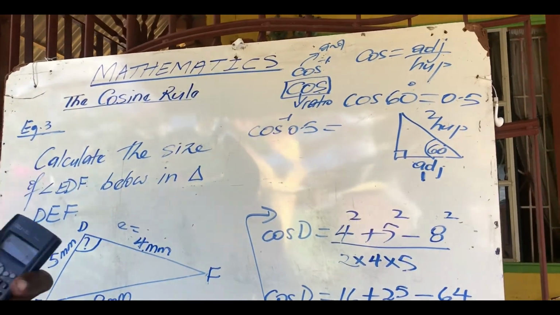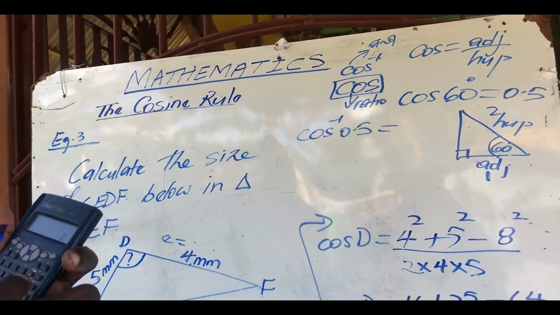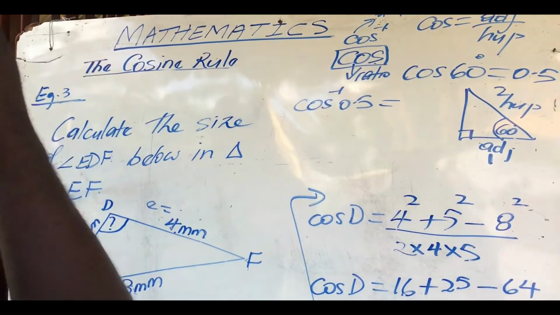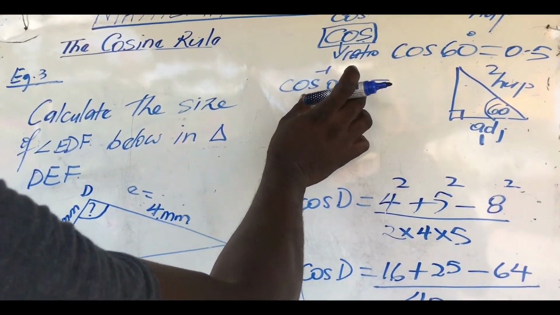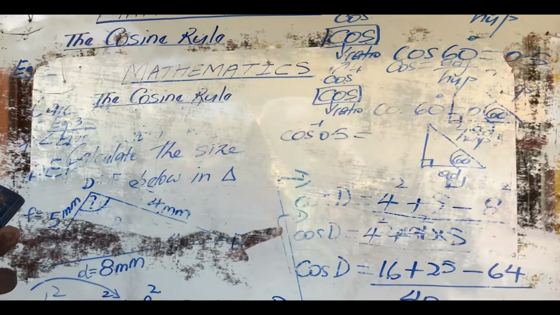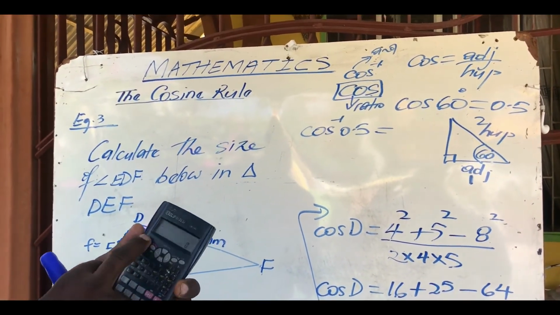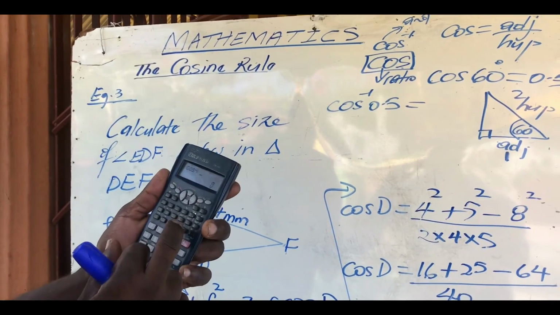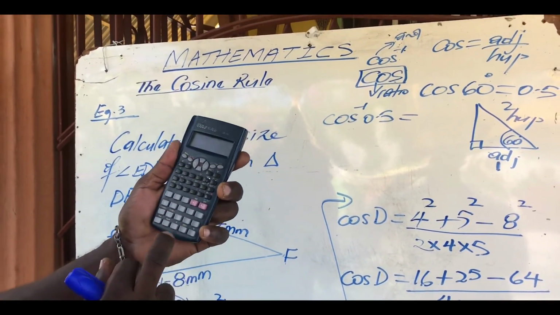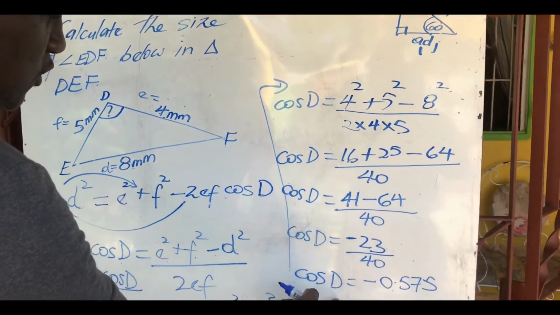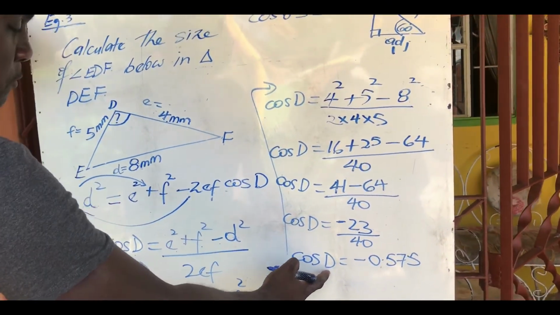So you'd go on your calculator, access the inverse button for cos, and then you put in your ratio in order to get the angle. So normally you press shift, cos inverse, then 0.5, and then you press equal and you get the 60 degrees. So fast forward to down here now.